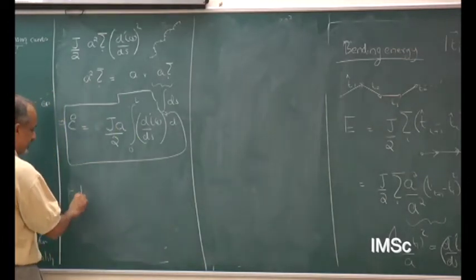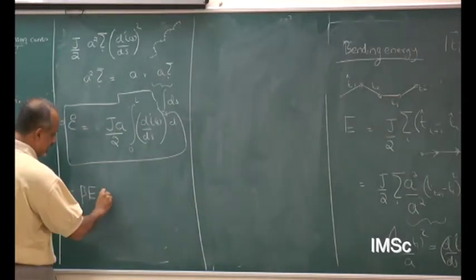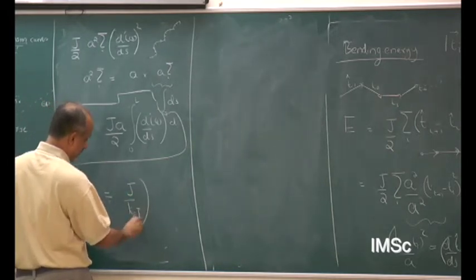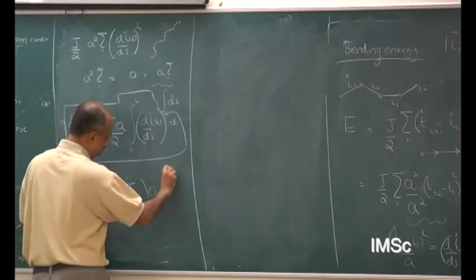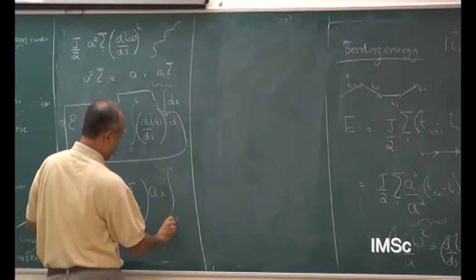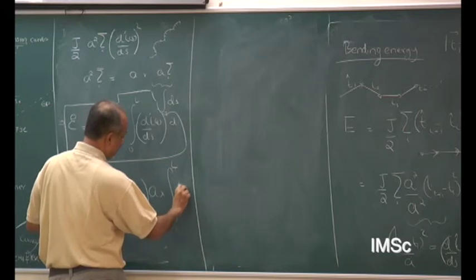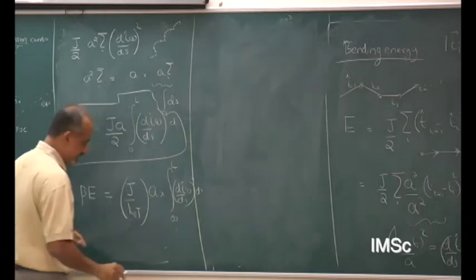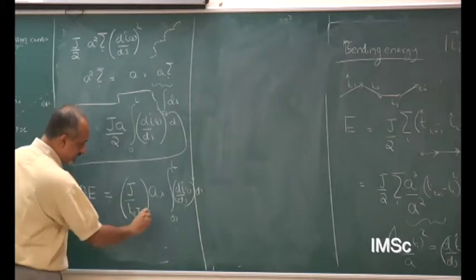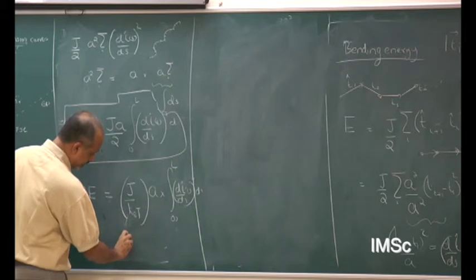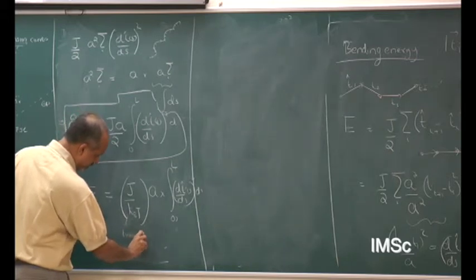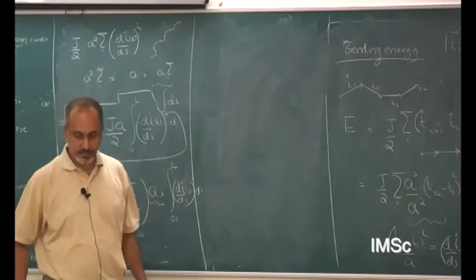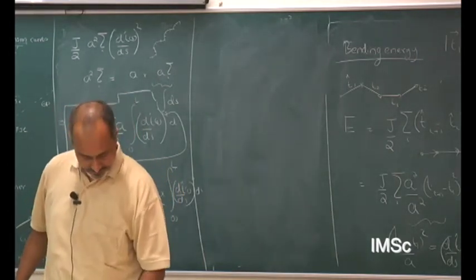This implies that minus beta times E is J over kBT times a times this integral from 0 to L of d t hat of s by ds the whole squared times ds. Okay? This quantity here is dimensionless, with a factor of 1/2 here. So the length behavior is contained in the a factor that I have here.